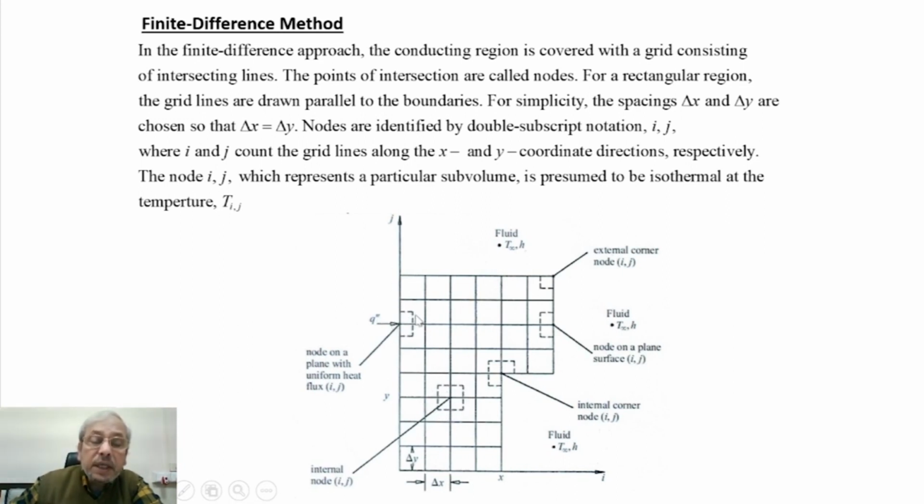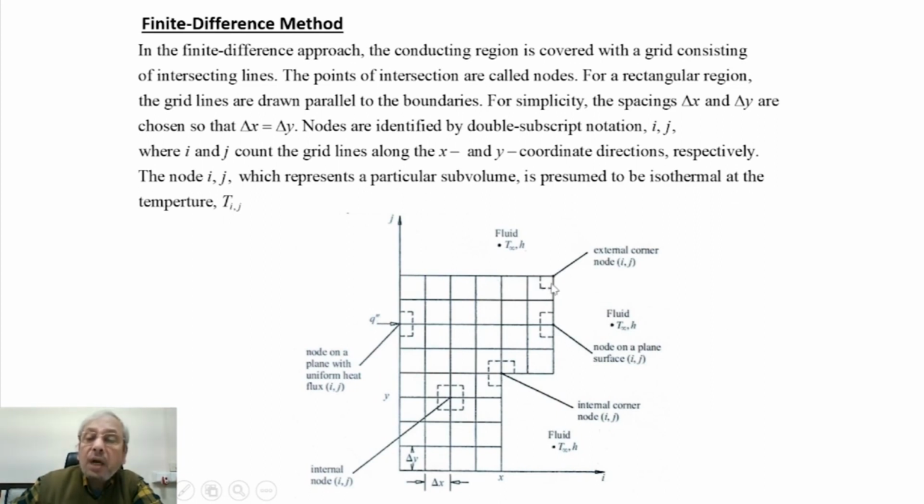These are cells falling on the boundary and maybe subjected to uniform heat flux. Such nodes fall at an internal corner. We can call it an internal corner node.